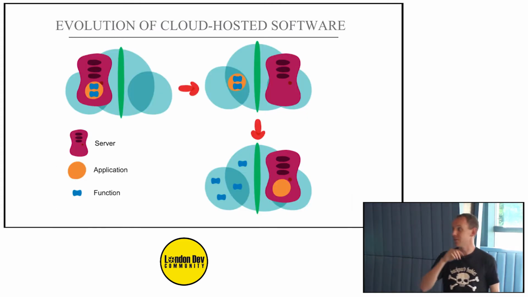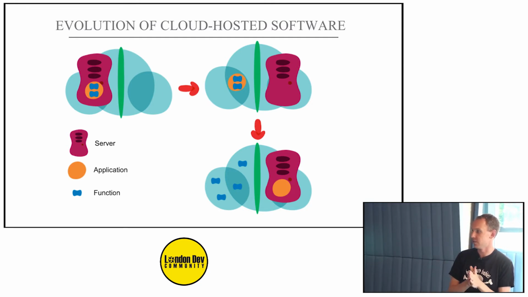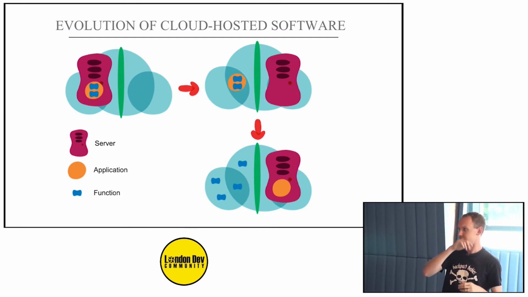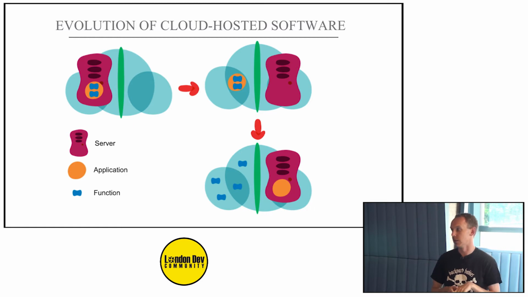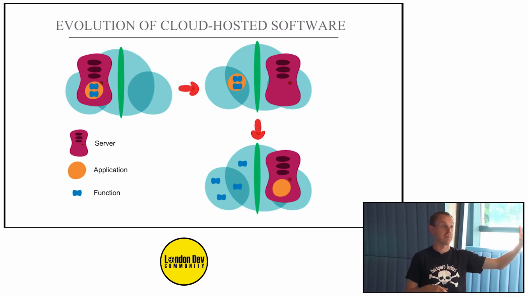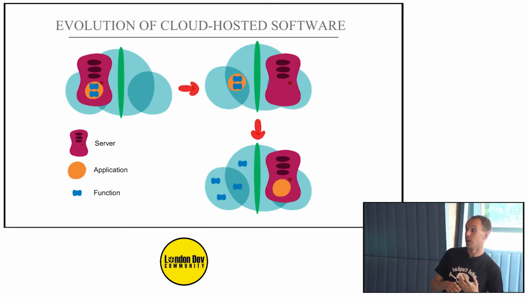So I like to think of functions as a service as the next evolution of cloud-hosted software. So in these diagrams, you've got this cloud, but then the green line down the middle, anything to the left of that green line is something you are responsible for the uptime and maintenance of. So top left, we've got our traditional infrastructure as a service offering, where we're responsible for the server.